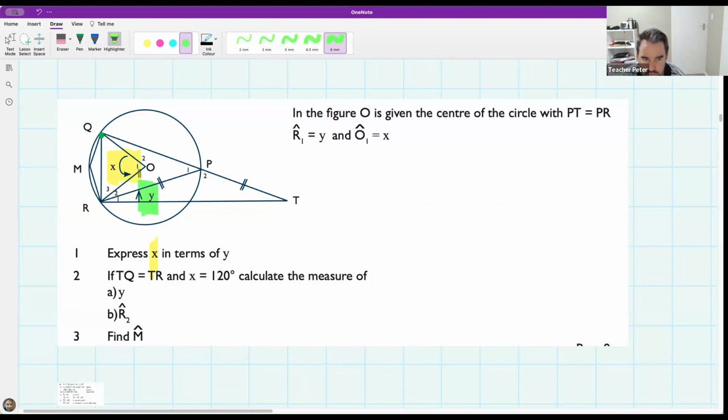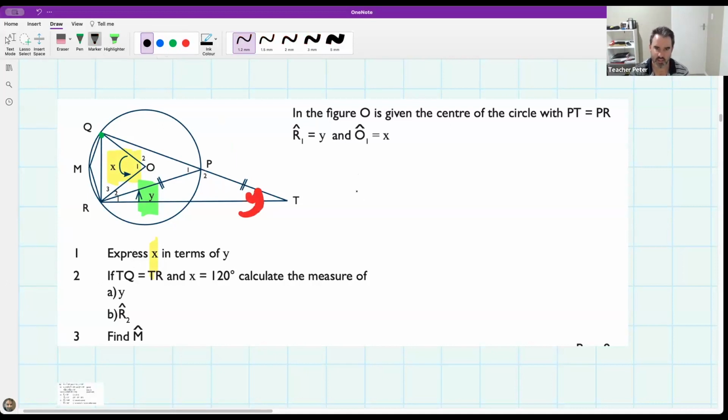Now, in order for that to happen, I need to connect the y to the x somehow. So I want to give you a chance. What would your first step be? Opposite sides equal angles. Yes, Sange, I think that would be a good one. I was thinking that this has to be y over here.